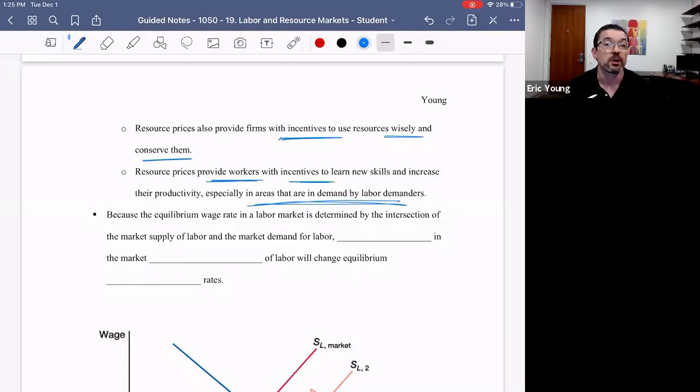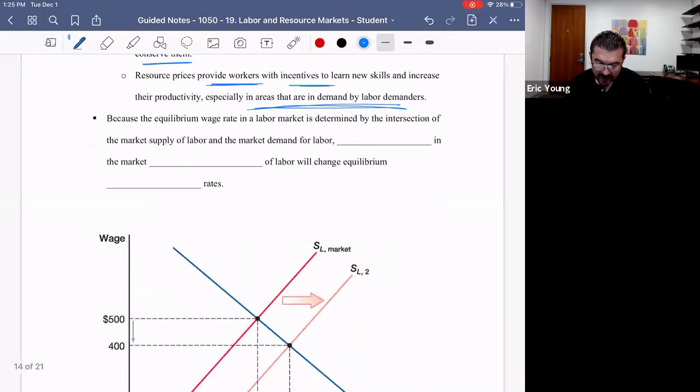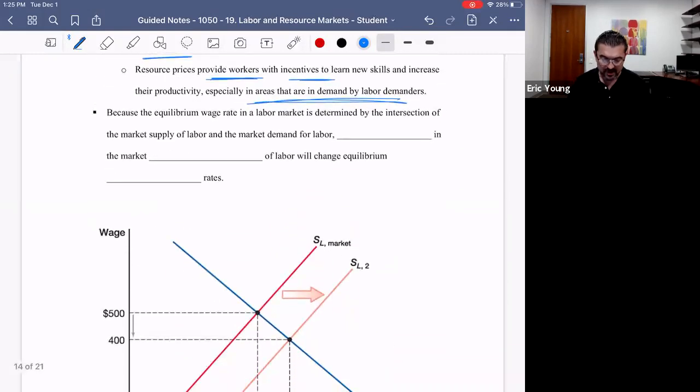Again, another clue as to how labor markets can help you be a richer, wealthier, more productive worker.